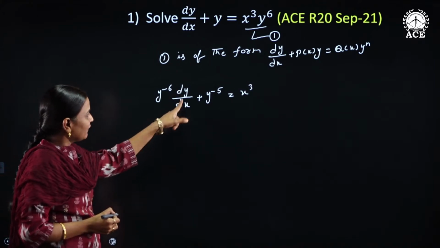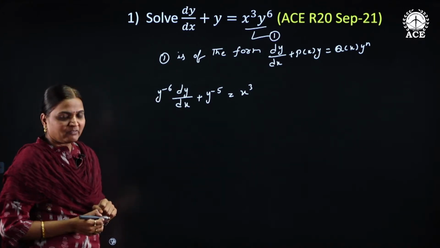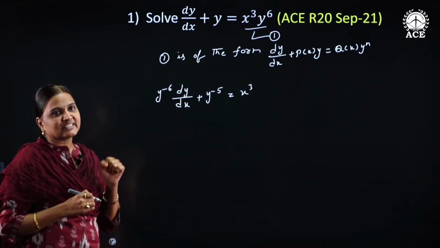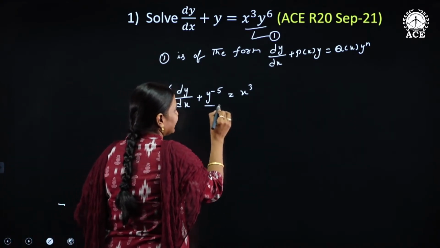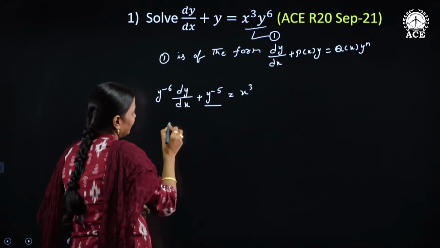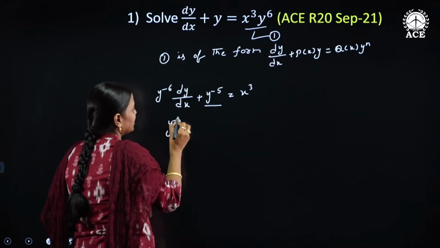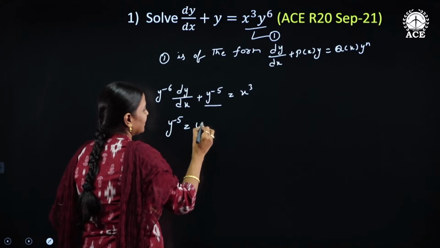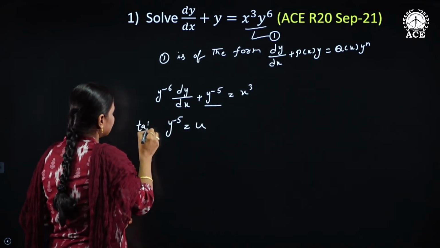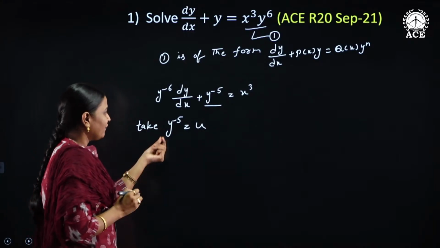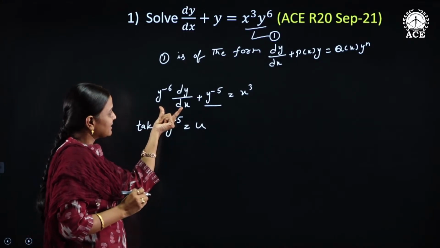Here the dy by dx coefficient is y power minus 6. So how do we change this into linear form? Here also change the dependent variable: y power minus 5 is equal to u. If we take the substitution y power minus 5 is equal to u, differentiate it. Here we have to find this entire term.